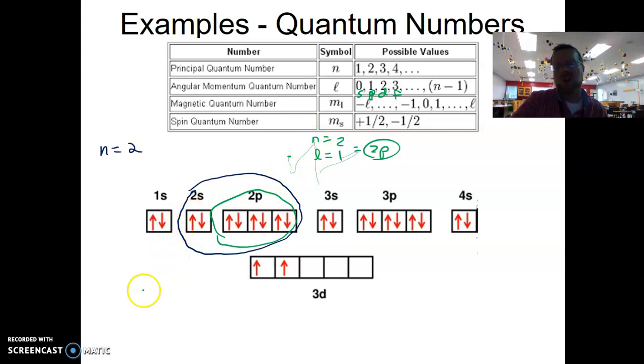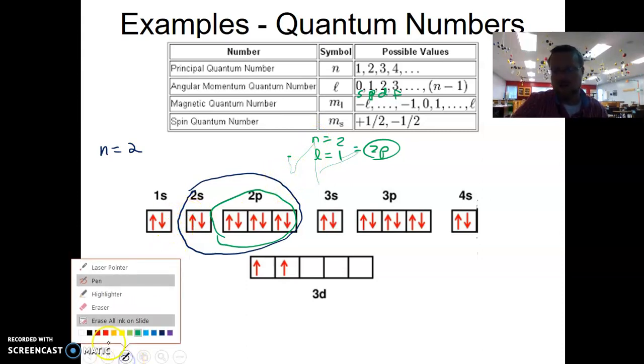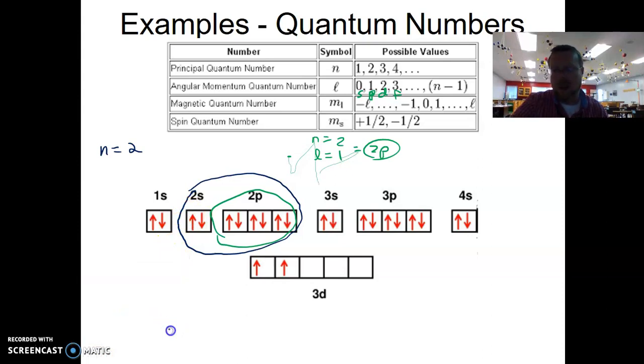If I wanted to get more specific still, and I could say, okay, I want to talk about those 2 electrons right there, then I could say, all right, well, n is equal to 2, L is equal to 1, because we're still talking about a 2p, just like we were before, but this time I want to specify that orbital within the 2p sublevel.